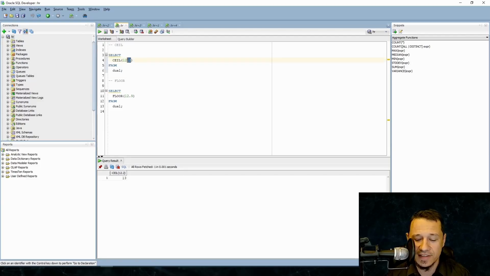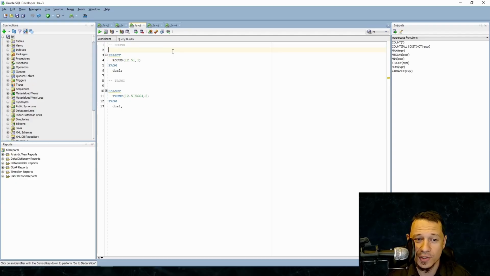If I omit the decimal, the number will be returned as 12, as this is the same as 12.0, right? The FLOOR returns differently than CEIL, so it will return the lower number of the decimal provided to it, right? So our floor of 12.9 should return number 12, right?